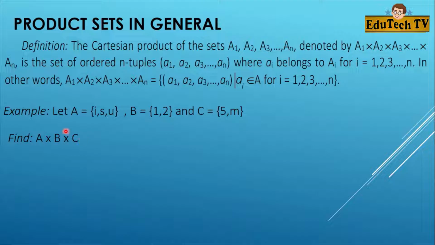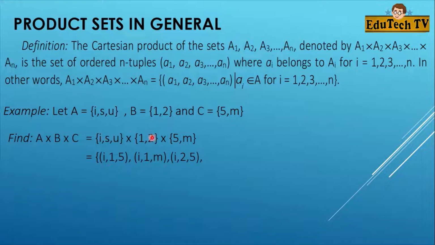So all we need to do is to write each element of each set. Then we have to multiply first I with 1 with 5. Okay, so we have I 1 5. Next, I 1 M. Next, we have to proceed with I 2 5.